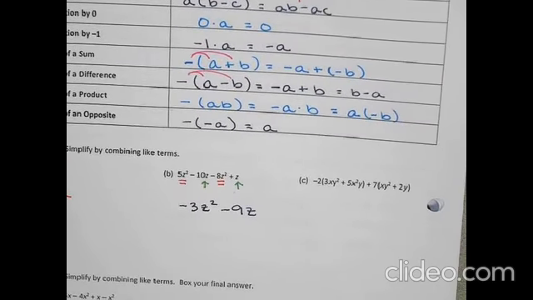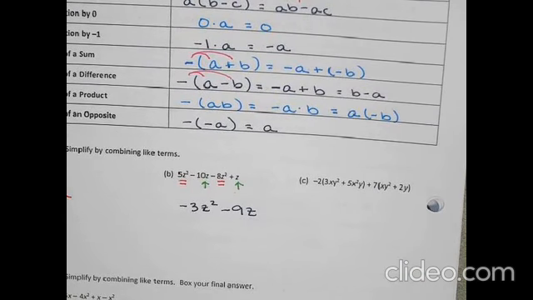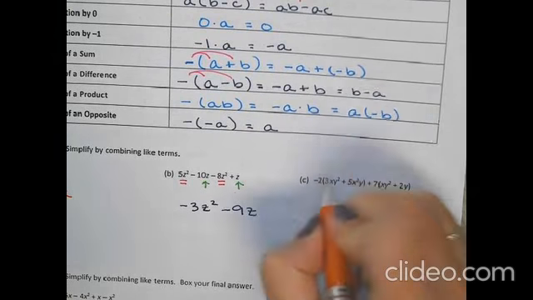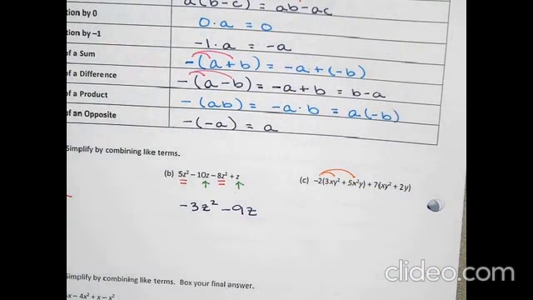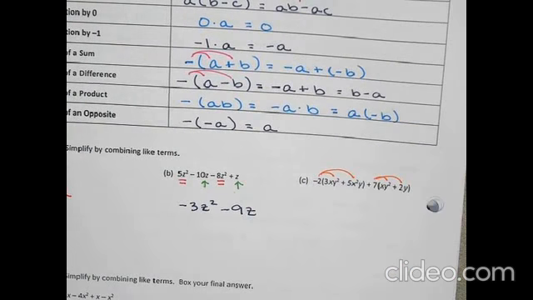All right, now this one is a little bit trickier because there's some things you have to do before you can go through and combine like terms. There are parentheses there, so we're going to have to distribute before we can combine like terms. So you're going to have to distribute that -2, and you're going to have to distribute that 7.